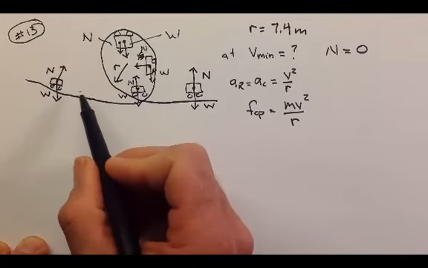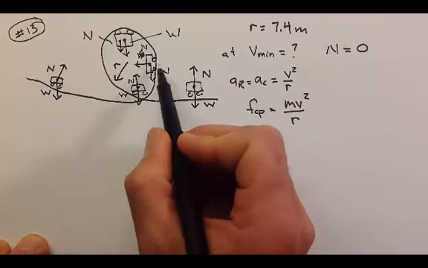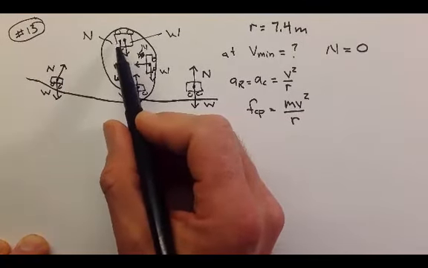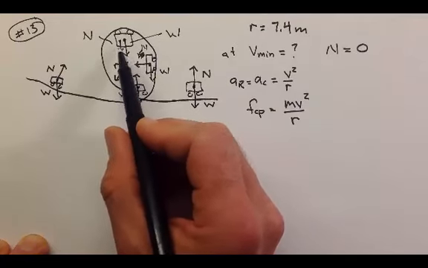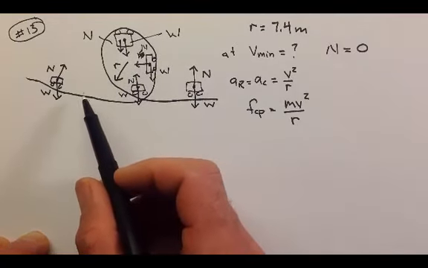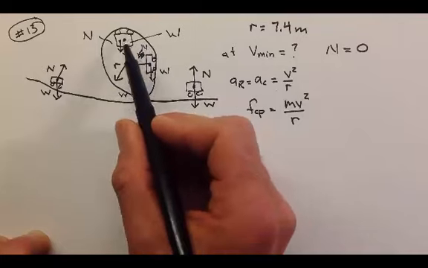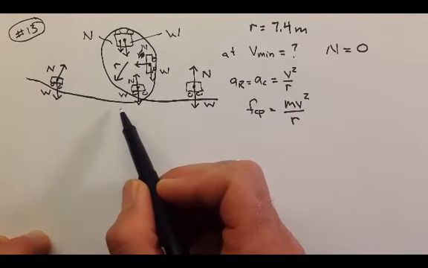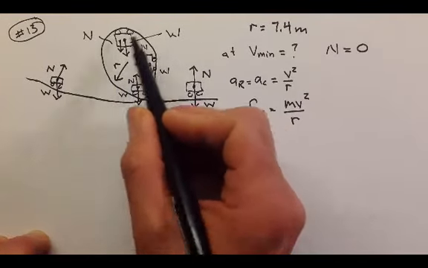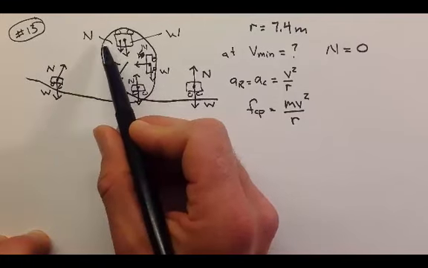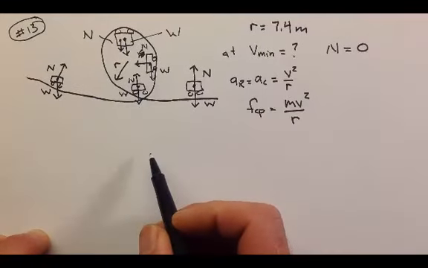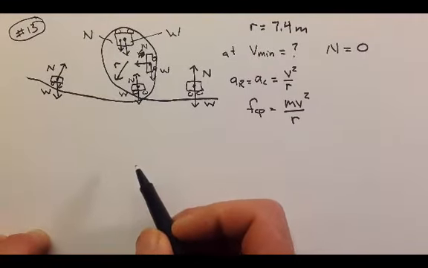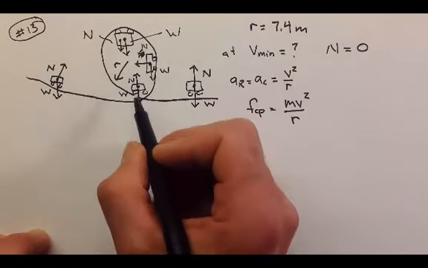In other words, if the normal force just got to be 0 here, that's the minimum speed I could go without falling out of the cart, okay? If I was going really, really fast, I would need a big normal force plus the weight in order to keep me on track, right?